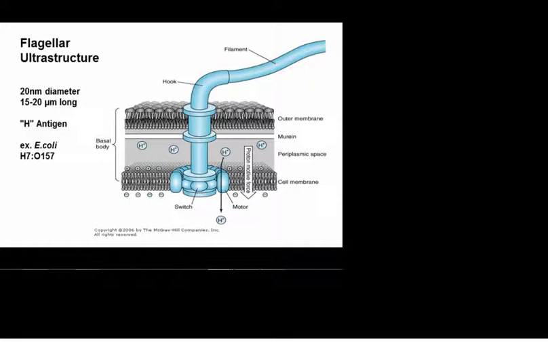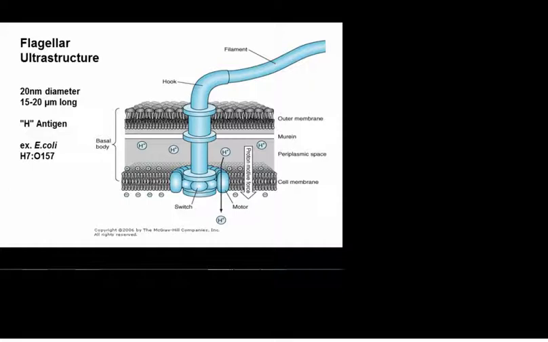Now, not all bacteria have flagella, and just like the O antigen of LPS, the proteins that make up the filament have a structure that is variable, varies between bacteria even of the same species. So this is also used in identification. It's the H antigen.